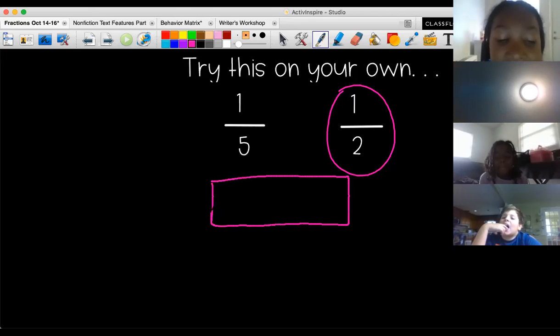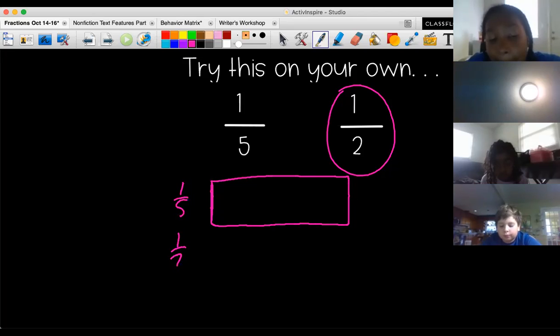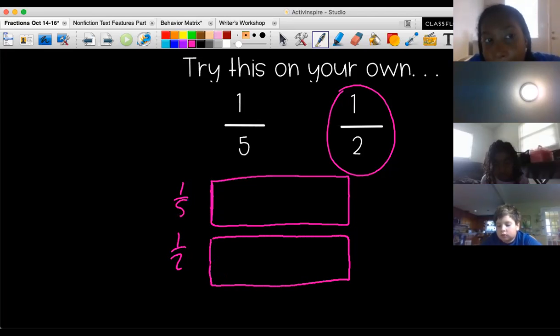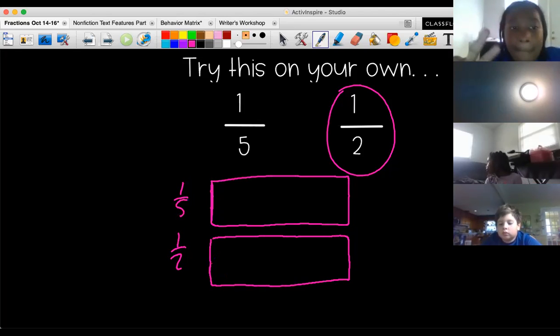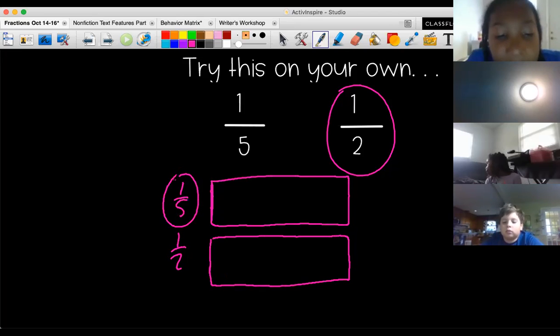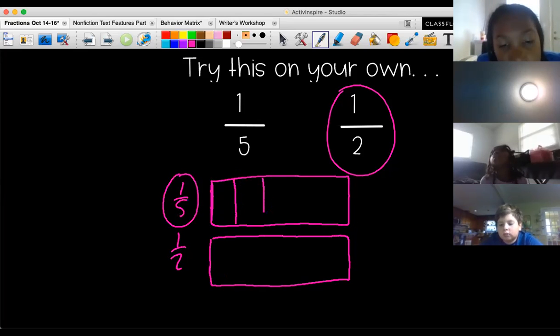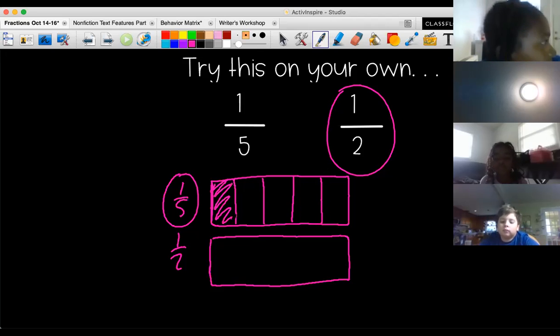Yeah. So if I'm drawing this out, top one's 1/5 and the bottom one's 1/2. How many equal pieces am I dividing my top rectangle into? I'm dividing this one into 5 pieces. Yeah. But then on the bottom, Ania, how many am I splitting it up into?